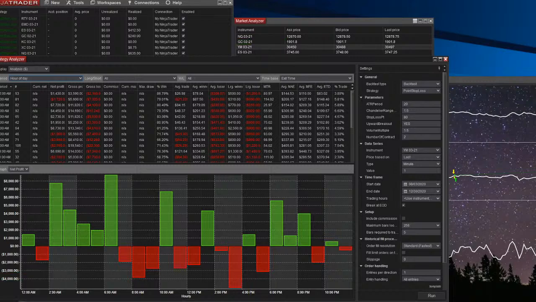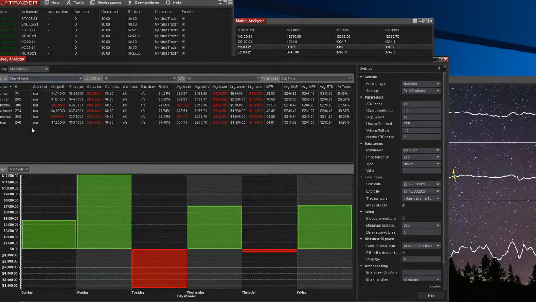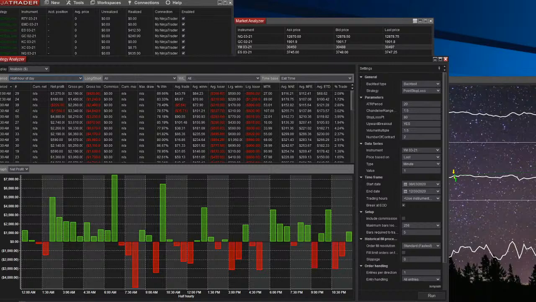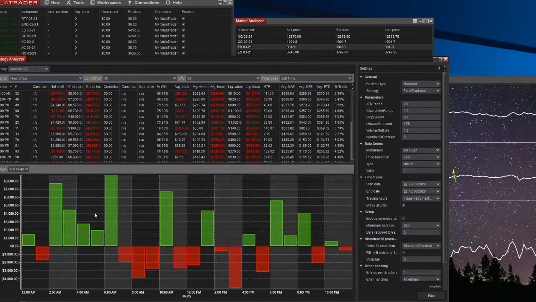YM hasn't been that bad at 10 o'clock, but look at how good it is here. YM is clearly really strong during London, pre-London, London. So I'm going to mark that in my little notebook.